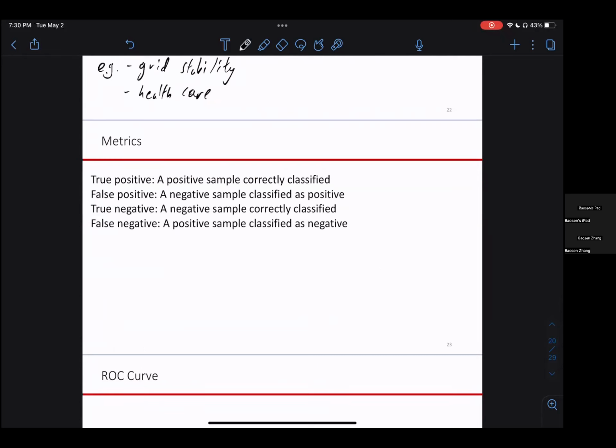And you can summarize this. You can look at things like precision. I don't know how they came up with these names, but this is the true positive over the true positive plus the false positive.